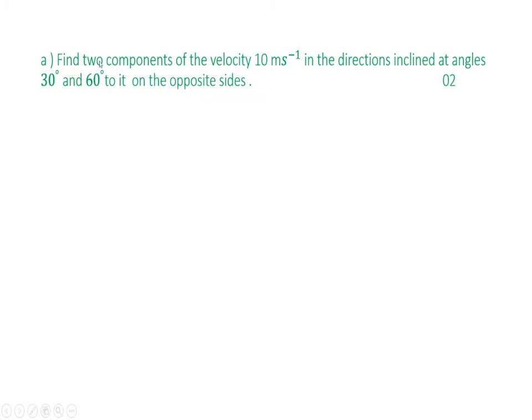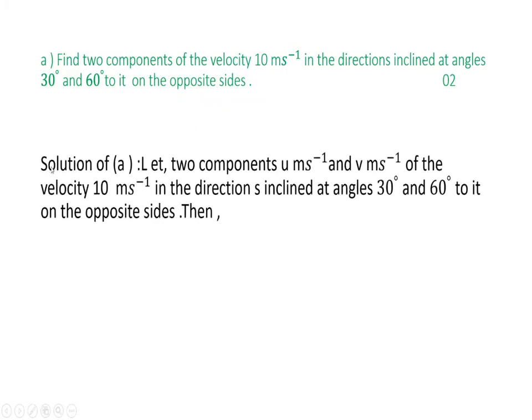Here the given question: find two components of the velocity 10 meter per second in the directions inclined at angles 30 degree and 60 degree to it on the opposite sides. Solution of A. Let two components be u meter per second and v meter per second of the velocity 10 meter per second in the directions inclined at angles 30 degree and 60 degree to it on the opposite sides.